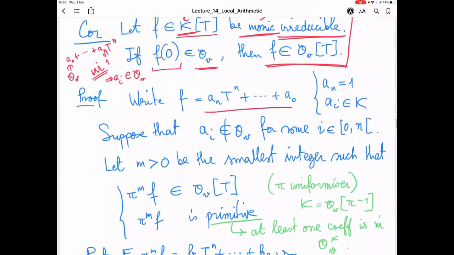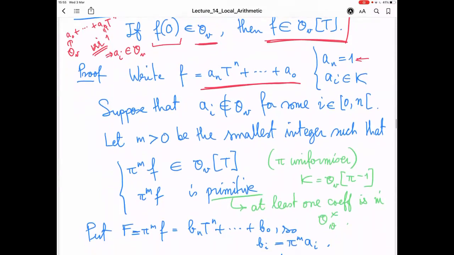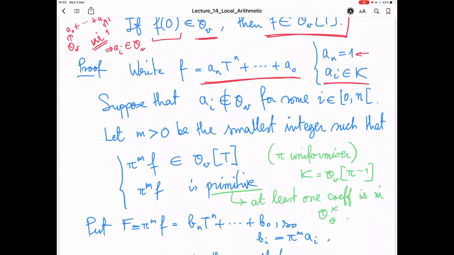Here it is. If f is ... an t to the n, and this an is equal to 1 because it's a monic polynomial, right? And the other AIs are in K. That's what is given to me.